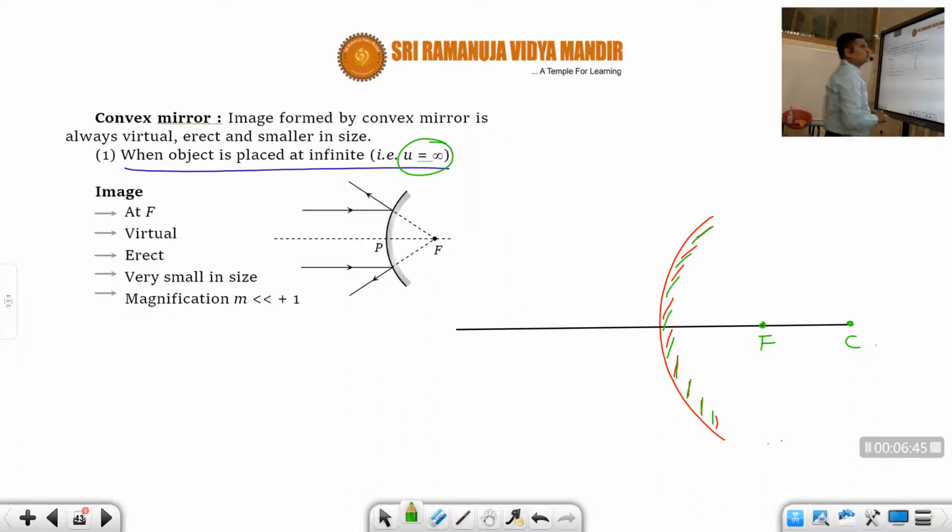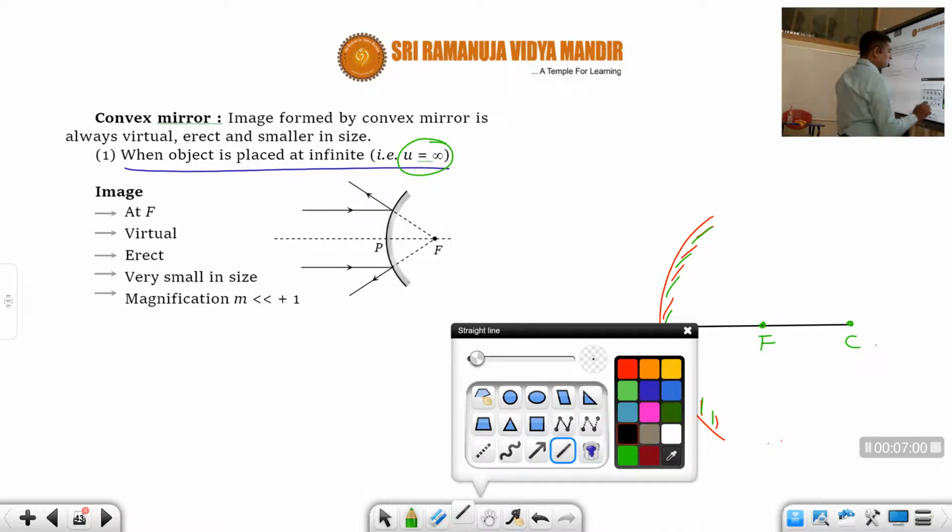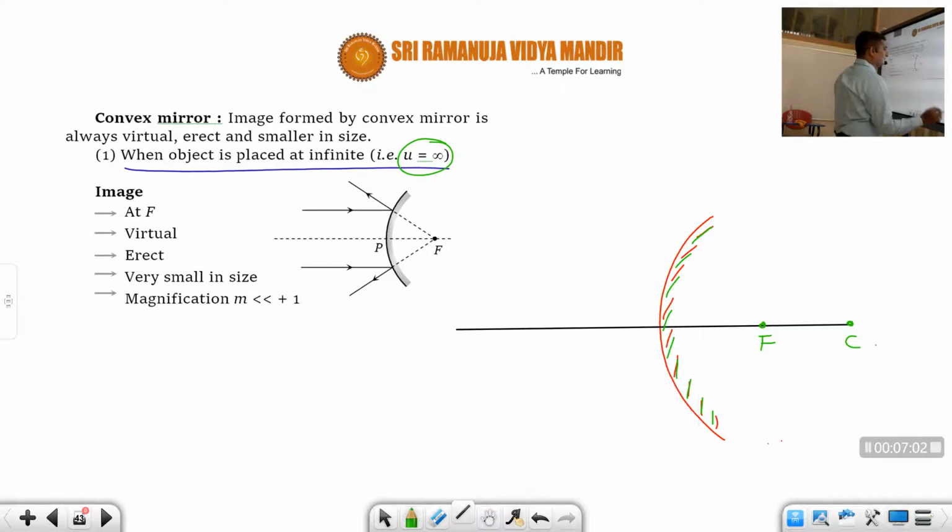As I told you, students, in the previous session, whenever an object is placed at infinity, the rays that would come from the infinite object will always be parallel to the principal axis. Since here the object is at infinity, let us take two rays coming from infinity parallel to the principal axis.